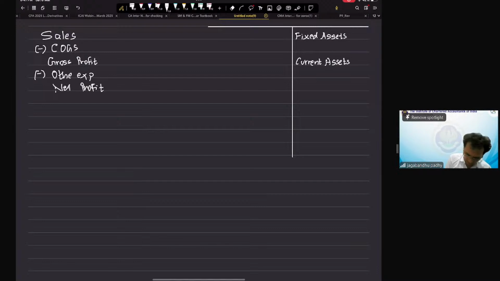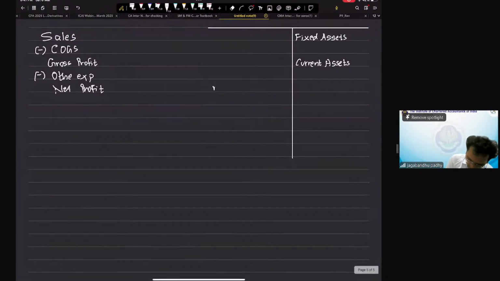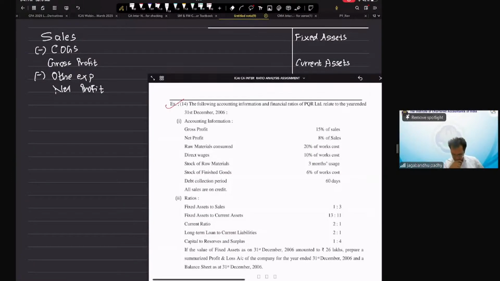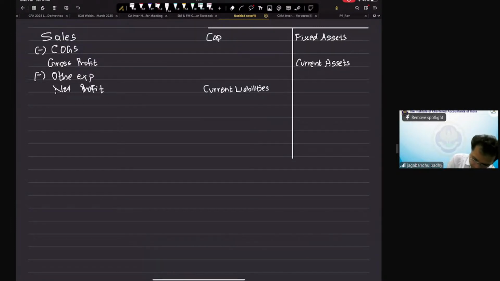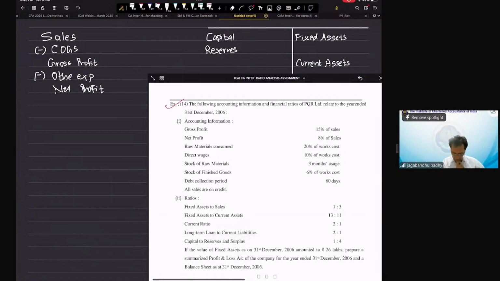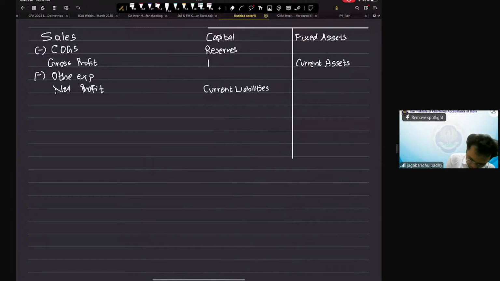So we will definitely have the current liabilities, long-term loan to current liabilities, capital to reserves and surplus, capital and reserves, and we have long-term debt available also. Long-term debt.